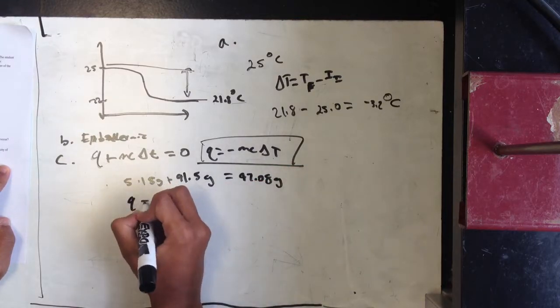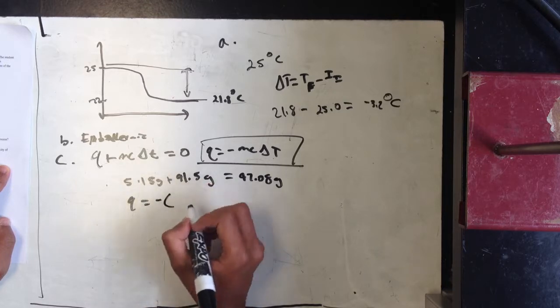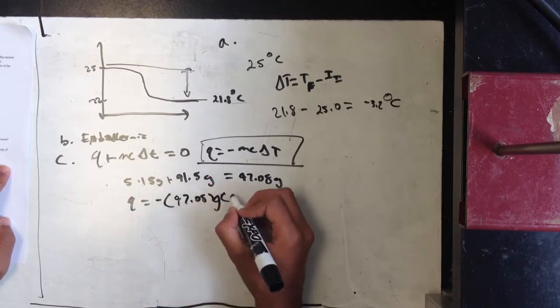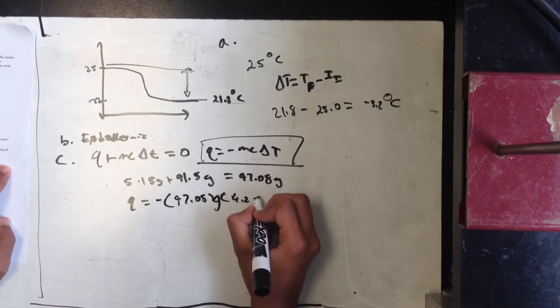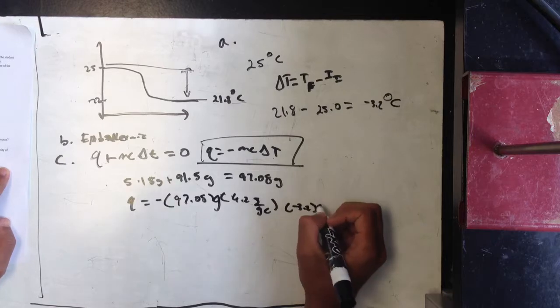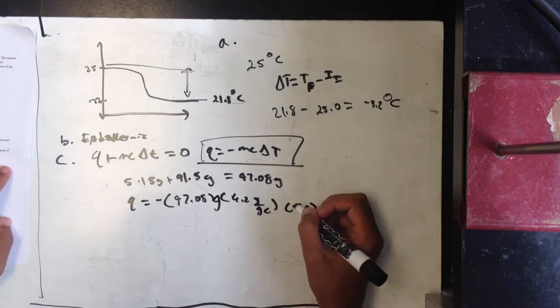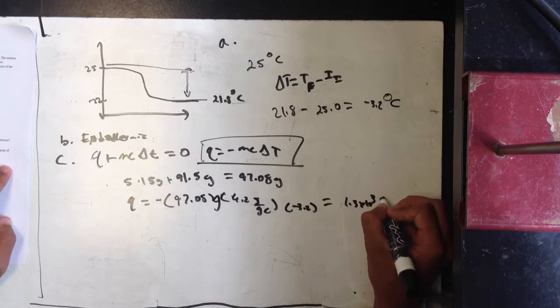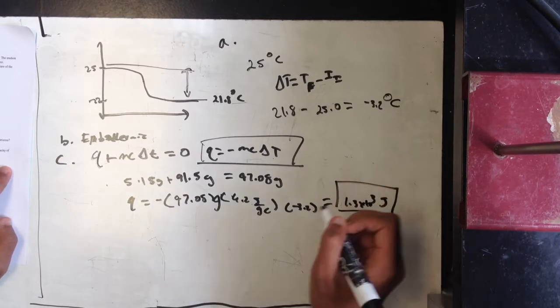Then to find q, you just plug into the equation: 97.08 grams times 4.2 joules per gram Celsius times negative 3.2, which was given to you as well, is equal to 1.3 times 10 to the third joules, which is your answer for part C.